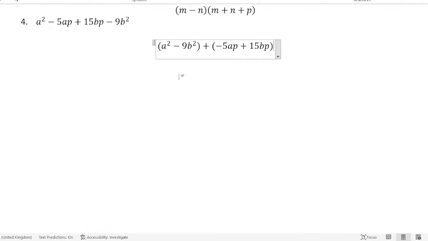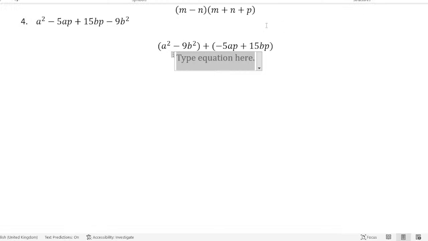So now let's factorize. When you factorize here, let's just write the first term as it is: a squared minus 9b squared, all right.